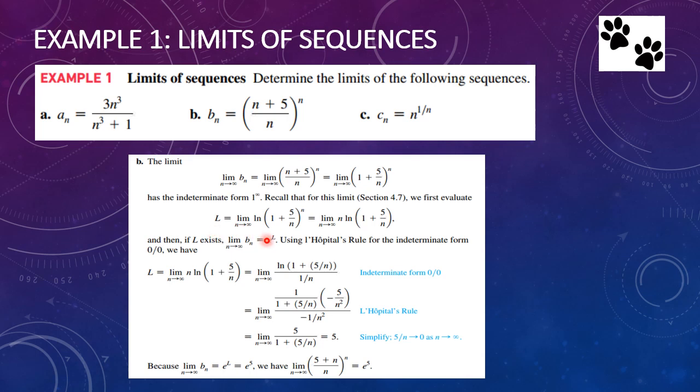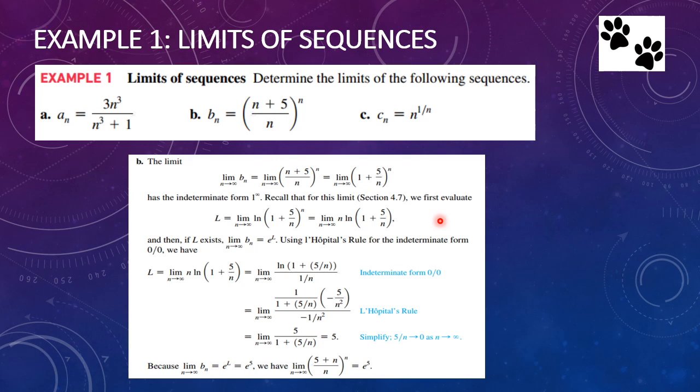So if we evaluate the limit of the natural log of 1 plus 5 over n to the power of n, we can bring the power down in front, and we get the limit as n goes to infinity of n times the natural log of 1 plus 5 over n.